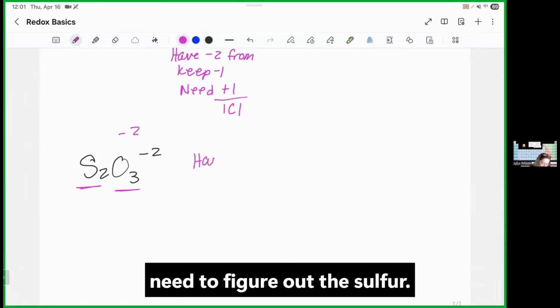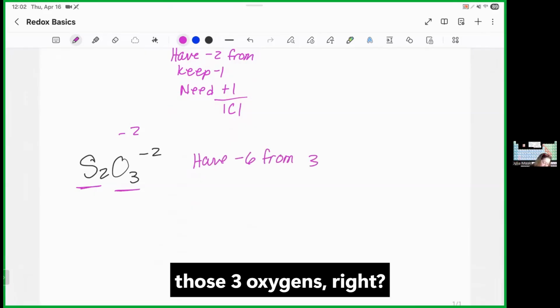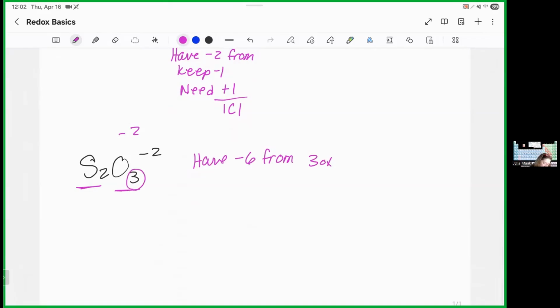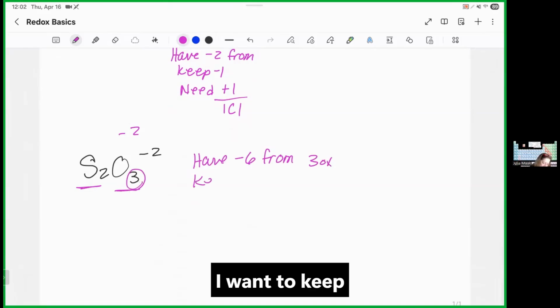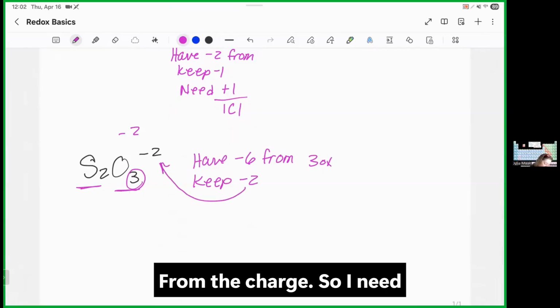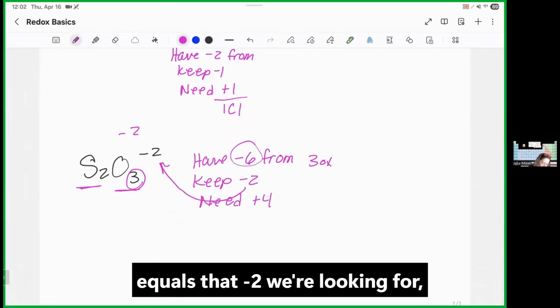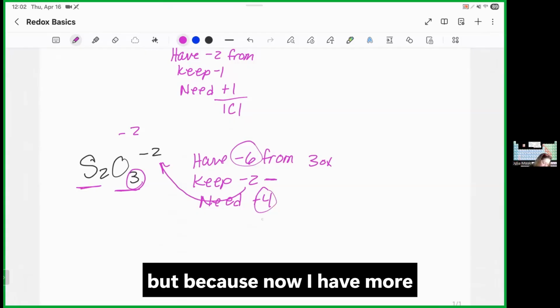So I have a -6 from those 3 oxygens, right? I want to keep a -2 from the charge. So I need a +4, because +4 and -6 equals that -2 we're looking for.